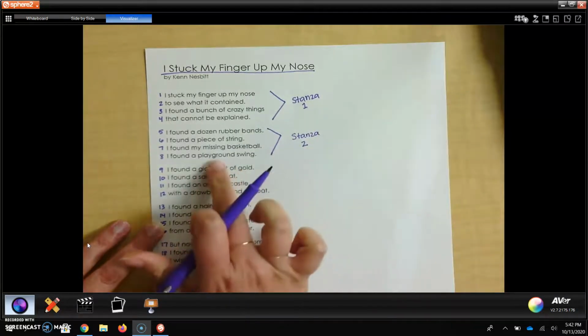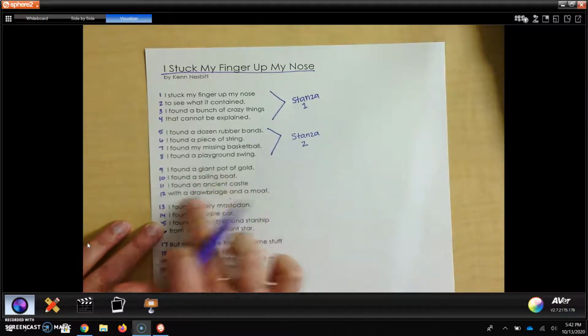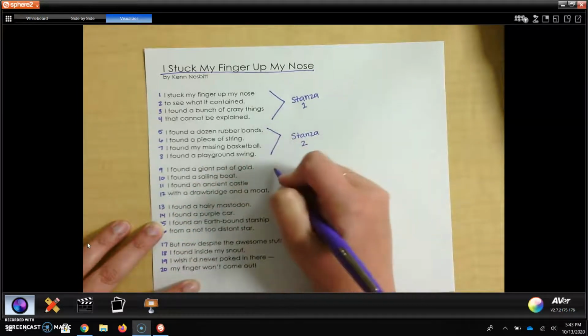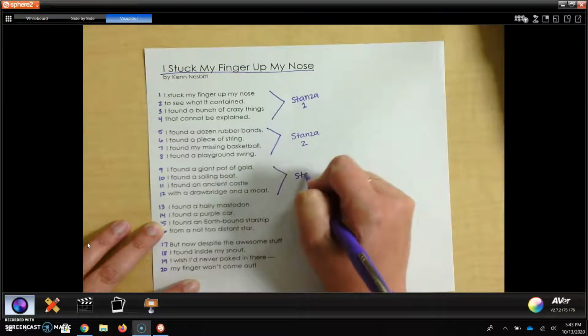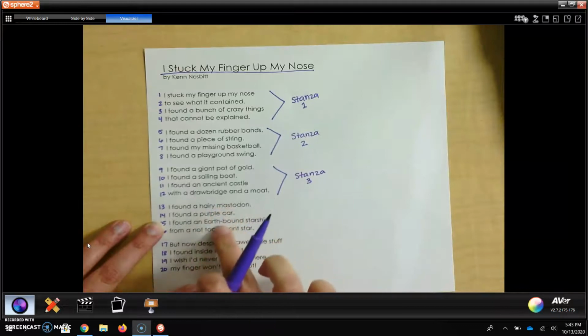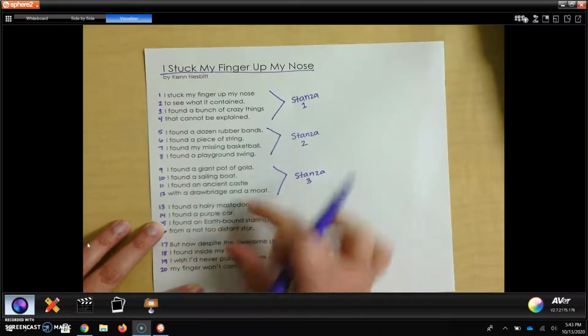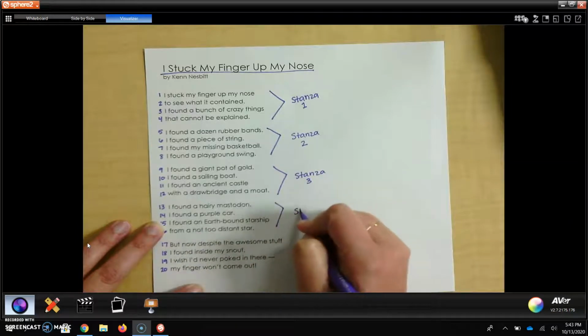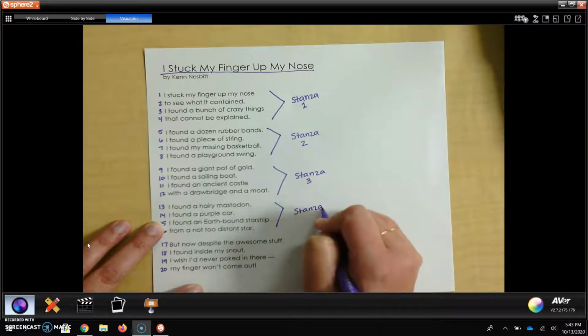Now I'm going to go to my next group of lines. We have 1, 2, 3, 4. Oh, and then here's a new space to separate them. So these are grouped together. That's stanza 3. And then here's another group of lines that are grouped together because here's the space that separates them. Stanza 4.